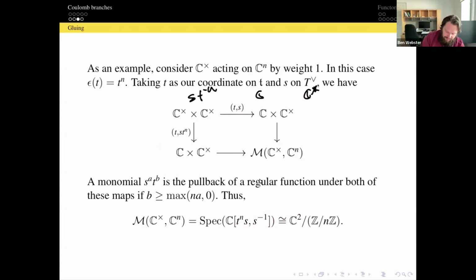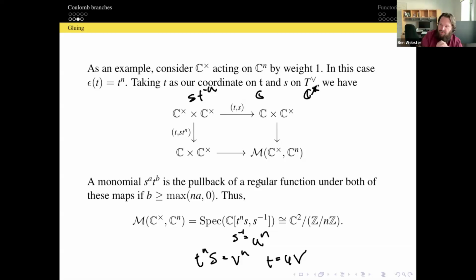You identify S inverse with u to the n and t to the n s with v to the n, where u and v are coordinates on C^2, and then t gets identified with uv. All right.